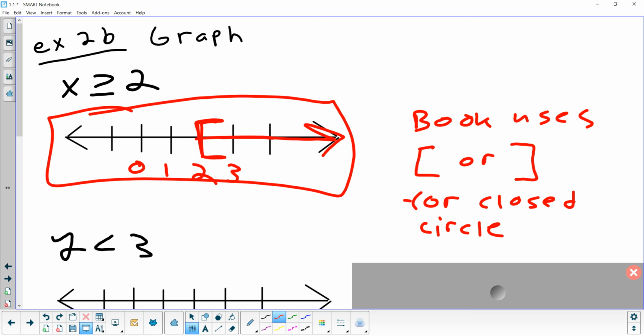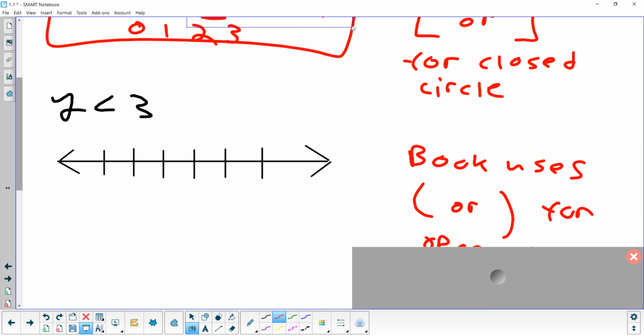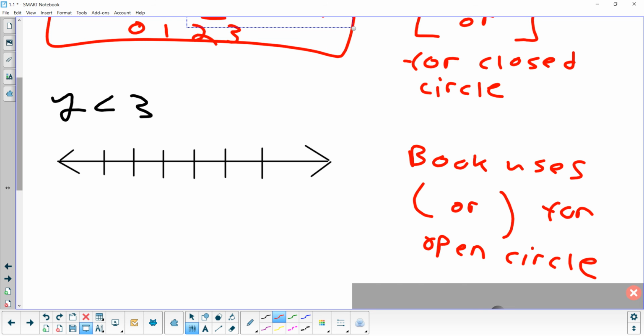Now, if you can use a bracket in place of the filled-in circle, anybody have a guess what you might be able to use in place of the open circle? Yeah. Parentheses. Yep, you can use a parenthesis. So, another way you can graph y is less than 3. Parenthesis on 3, but you got to think ahead. Which way are you going to shade? Because the parenthesis should open that way.